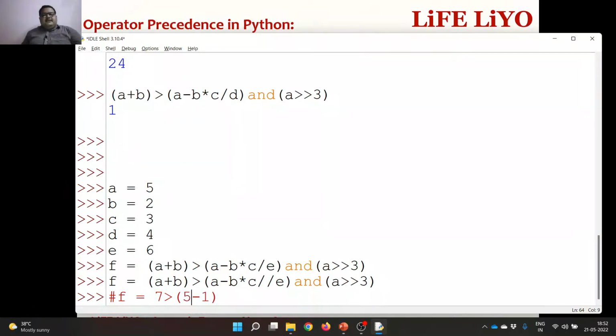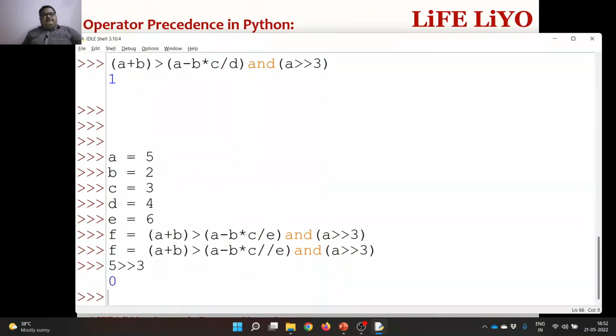That means 7 greater than 4 and A right shift 3. 5 right shift 3. Okay. So let us calculate that one. 5 right shift 3. So it is 0. That means 7 greater than 4 and 0. These are the things we are left with. Now out of these, what is the thing we have to evaluate now?